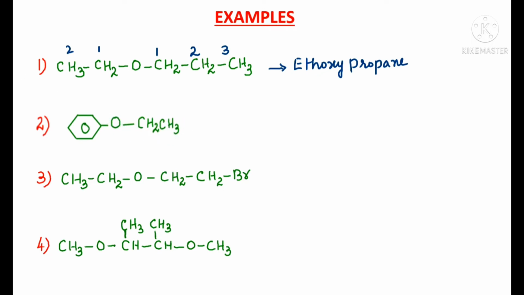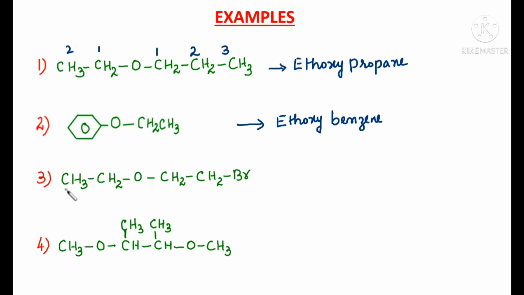So how to name this one? Come on. Ethoxy. This one is a phenyl ring, and what is the parent name? Benzene, is it not? So you can write it as ethoxybenzene. Understood? Okay, we'll see the next one.